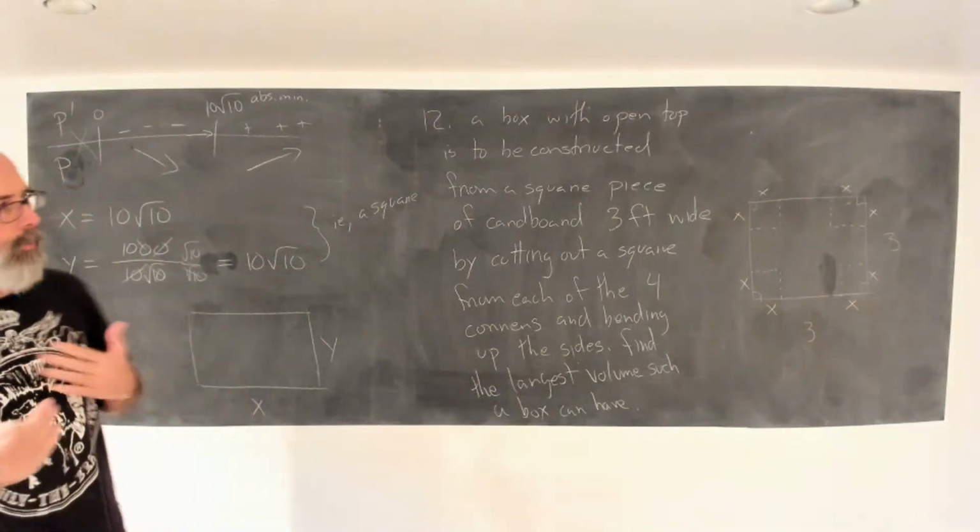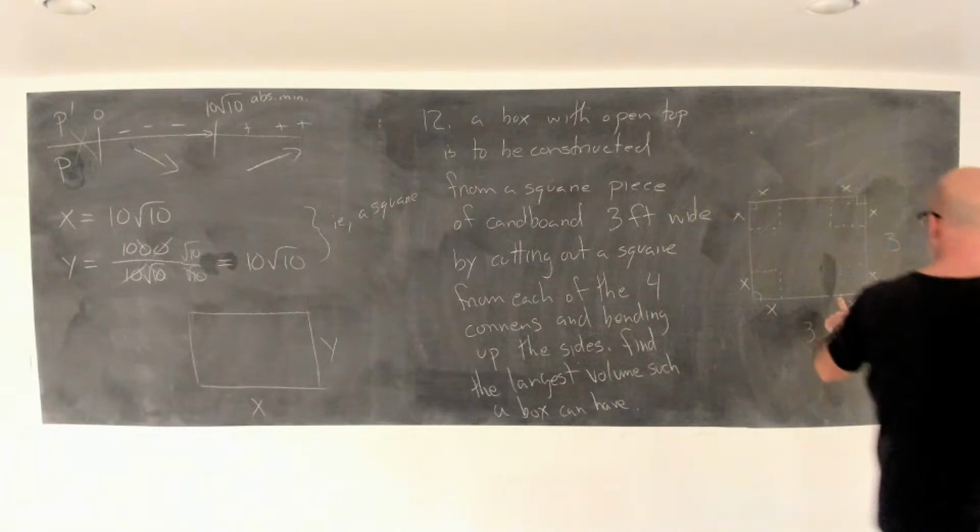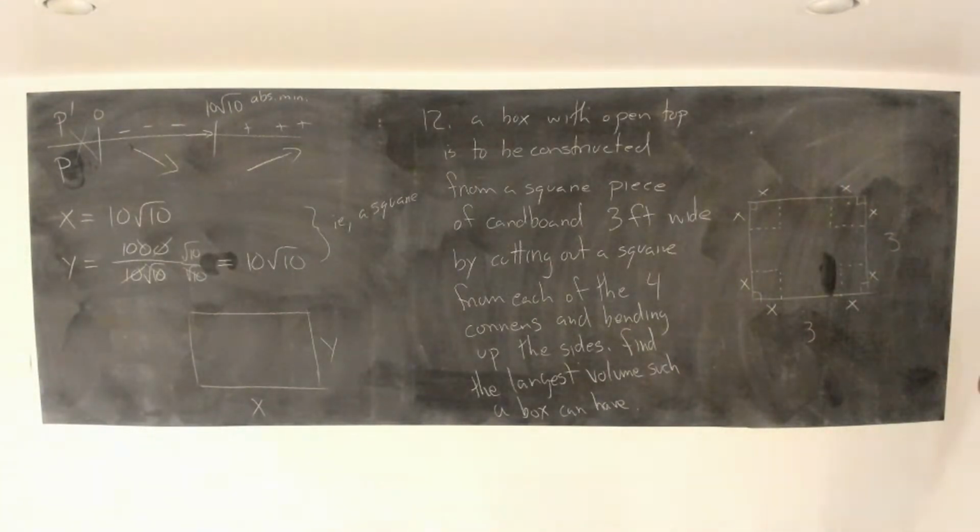So if you cut out a square of sides x by x out of each of the corners, you started out with a side 3 feet long.